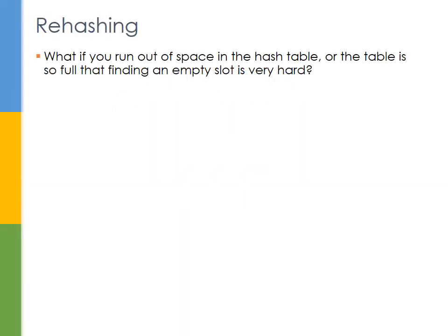So, you know what hashing is at this point in time, and you know that collisions can be a real problem. They become especially problematic when you start to run out of space in the hash table. So let's say you have a hash table of size 100 and 90% of your table is filled. So 90 slots have been filled, only 10 empty slots are available.